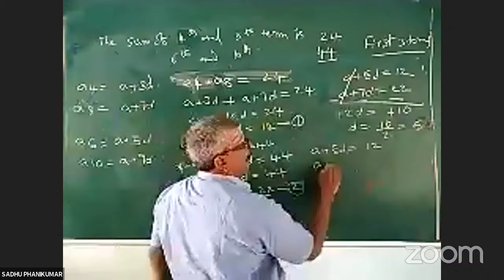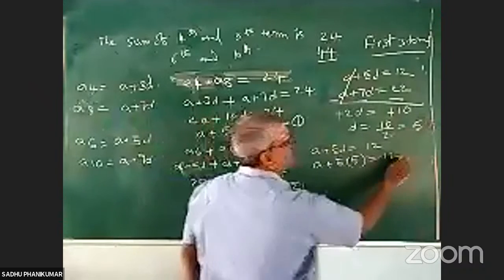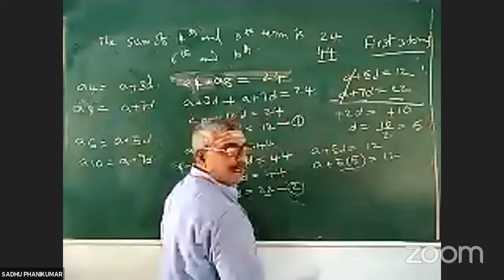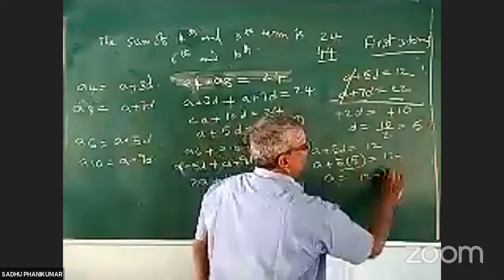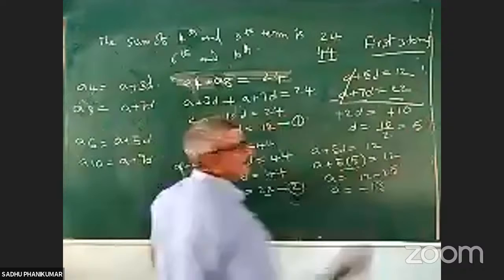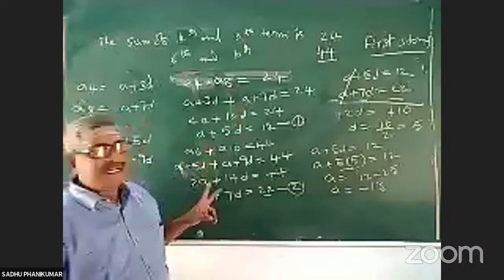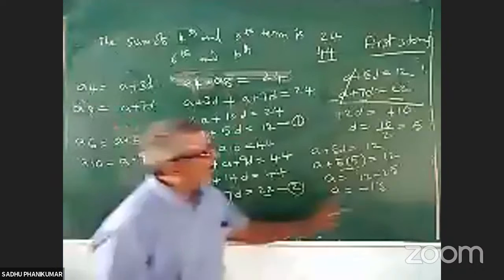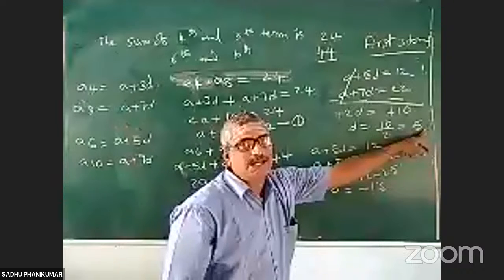So A plus 5 into 5 is equal to 12. 5 fives are 25. Take that 25 to the other side. A is equal to 12 minus 25, so A is equal to minus 13. From the given conditions, we found the value of A and the value of D. Both the values are with us now.